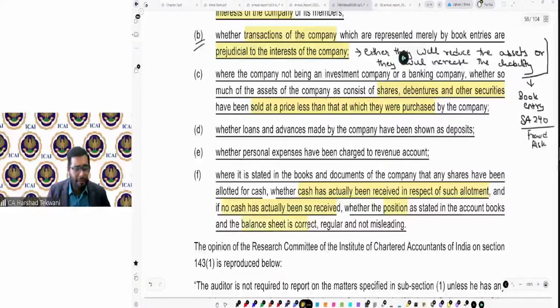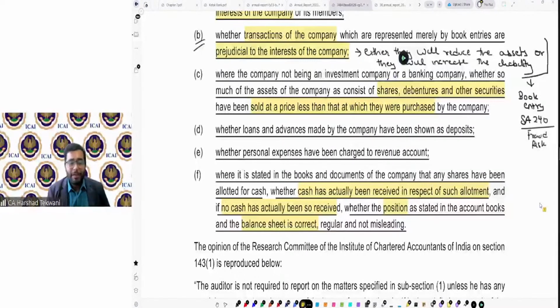Now, why is this point there? At times, some companies earlier were involved in a malpractice where they used to show shares issued for cash, and they used to show cash received, and that was a part of black money or some other proceeds which were not shown through a regular way in the books of accounts.